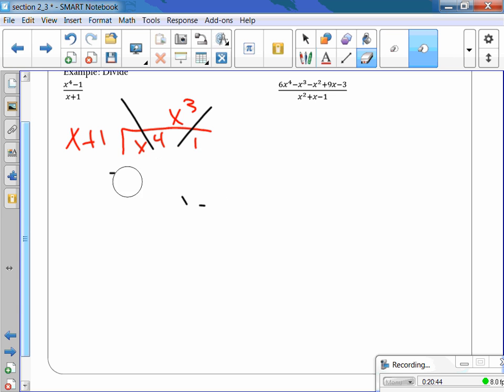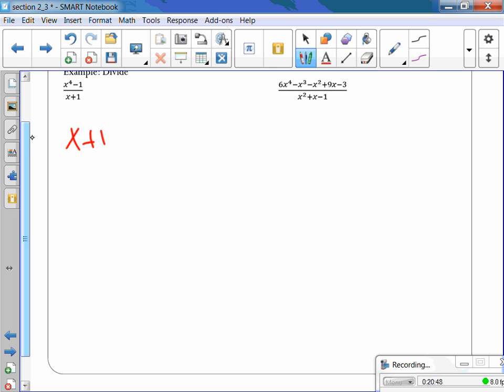So as Jordan told us, we're going to put in wherever those missing powers are. So starting off, I have my highest degree, putting them in, again, descending power order. It's already set up that way. x to the fourth. Which powers am I missing? I'm missing the third, the second, and the first.